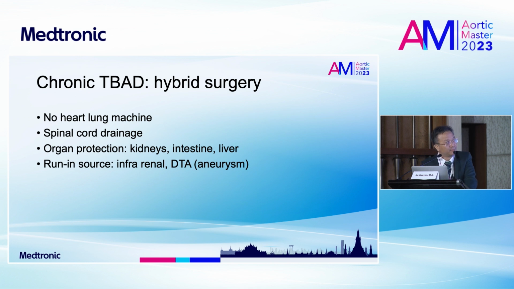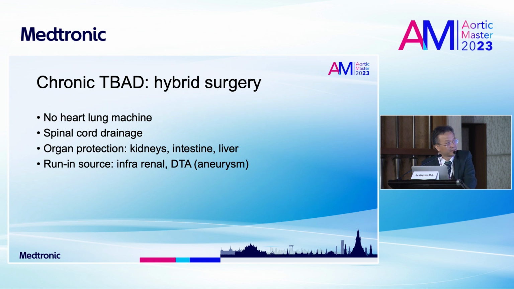For the hybrid surgery, the advantage is that it does not need the heart-lung machine, but it still needs spinal cord drainage. In the hybrid operation, debranching is used for the branches to the abdominal organs. We still have to protect the organs, the kidneys.